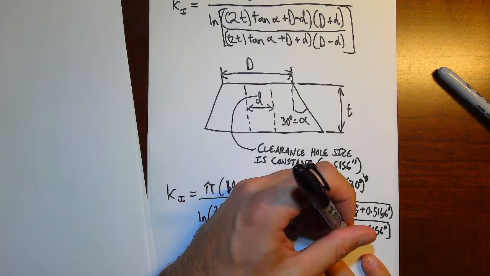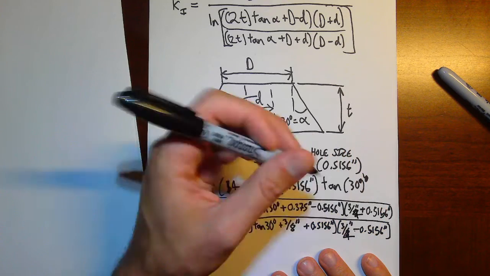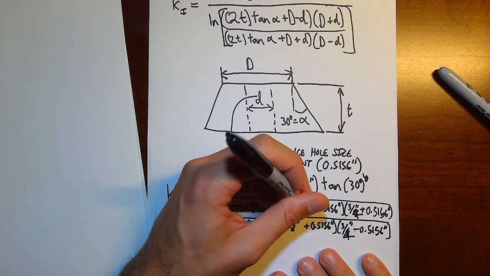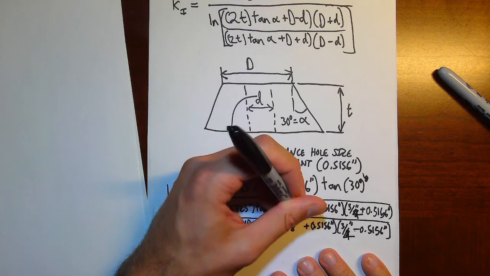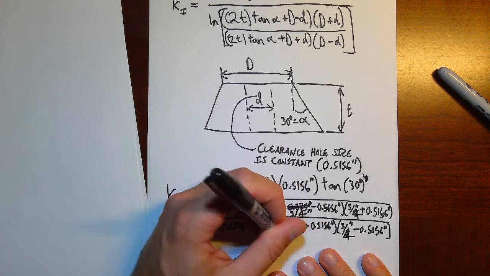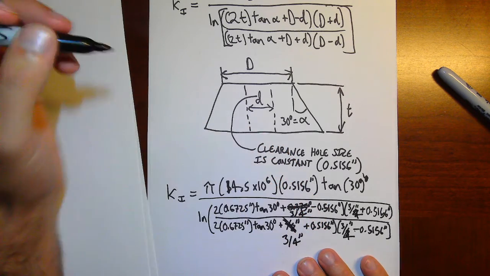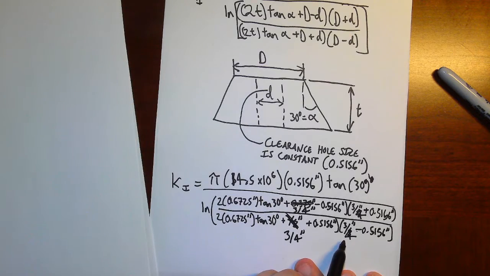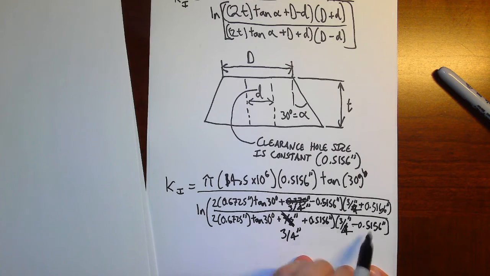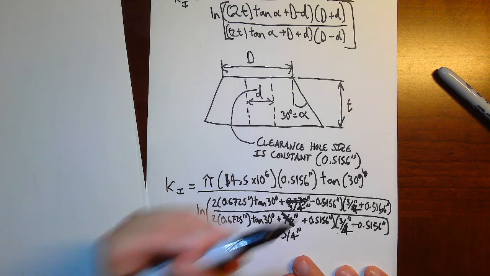Oh, sorry. It should be 3/4. My apologies. All the 3/8 are really 3/4 because it's diameters, not radii. There we go. You should never end up with a negative number here. So if you do, you've probably used a radius instead of a diameter.